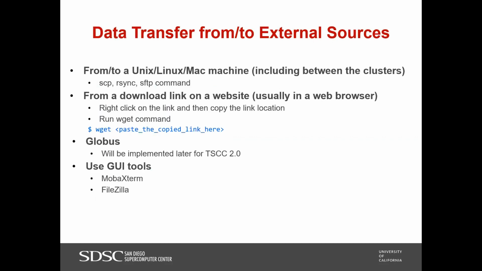If you want to transfer your files from external sources, for example, from your local machine to TSCC2, you can still use the commands I just introduced. Or if you want to transfer some files from a website, when the download link is available, you can consider using the wget command.